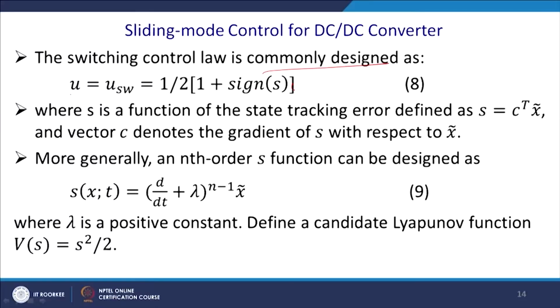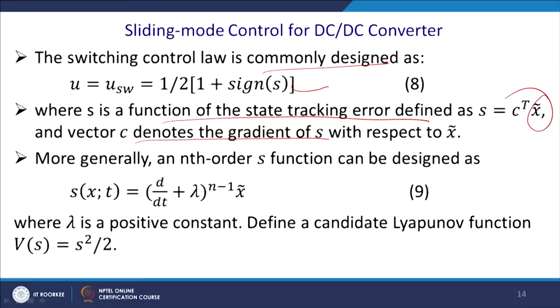According to this, the law will be followed, where S is a function of the state tracking error defined as S equal to C transpose of x delta, where x delta is the error and this vector C denotes the gradient of S with respect to x delta.